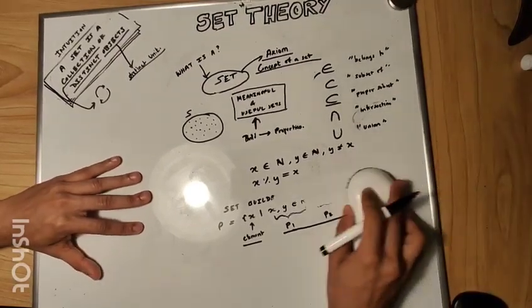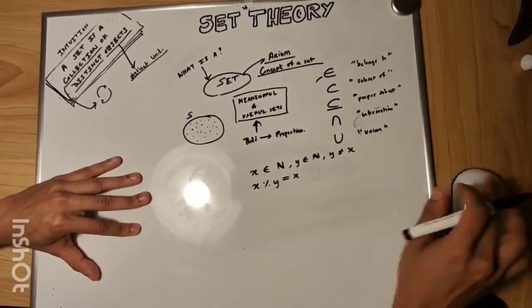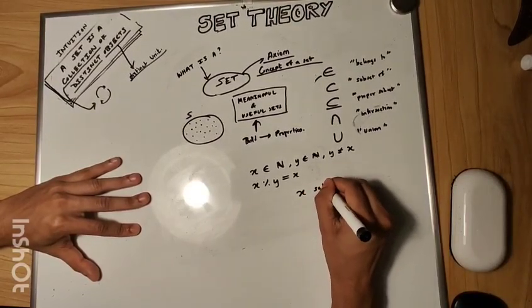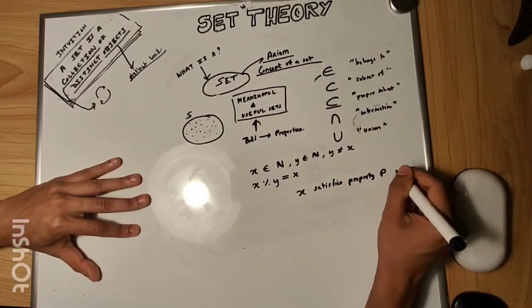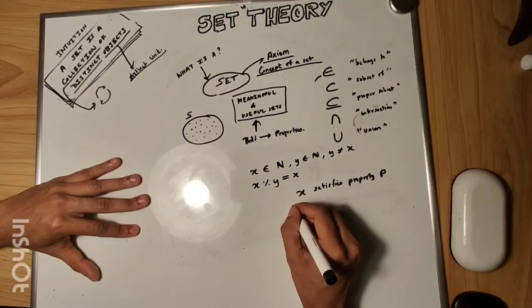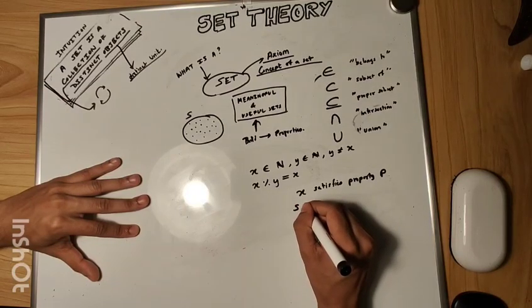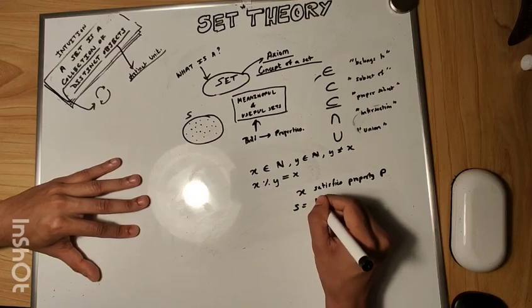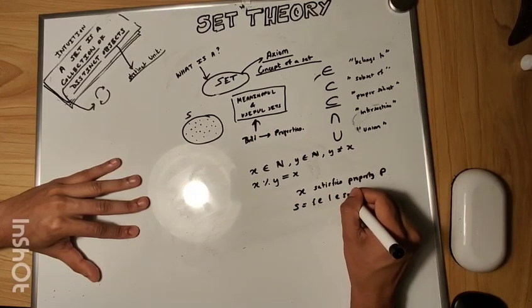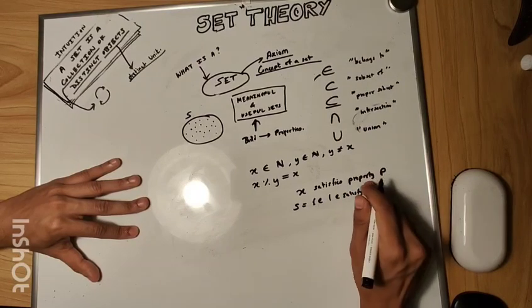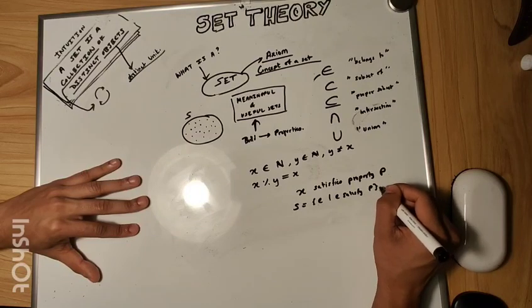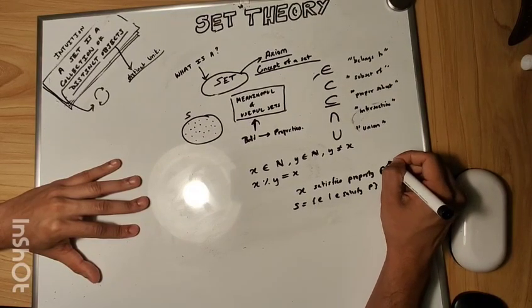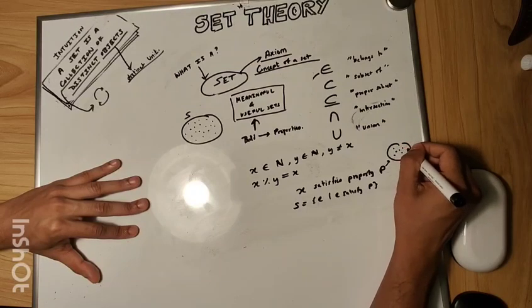So if I say something like x satisfies property P, and the set S is a set of all elements, let's say E, such that E satisfies properties P. And remember, this can be a set itself, so it can be a group of properties.